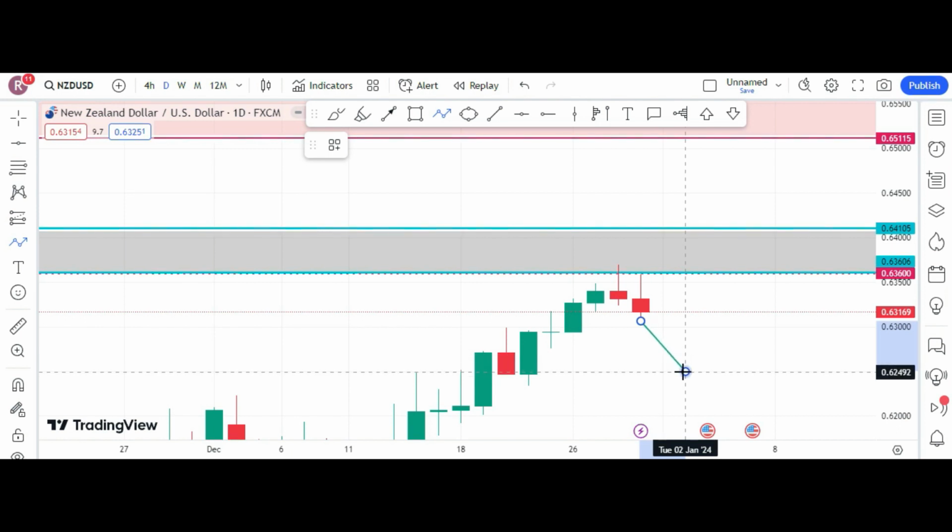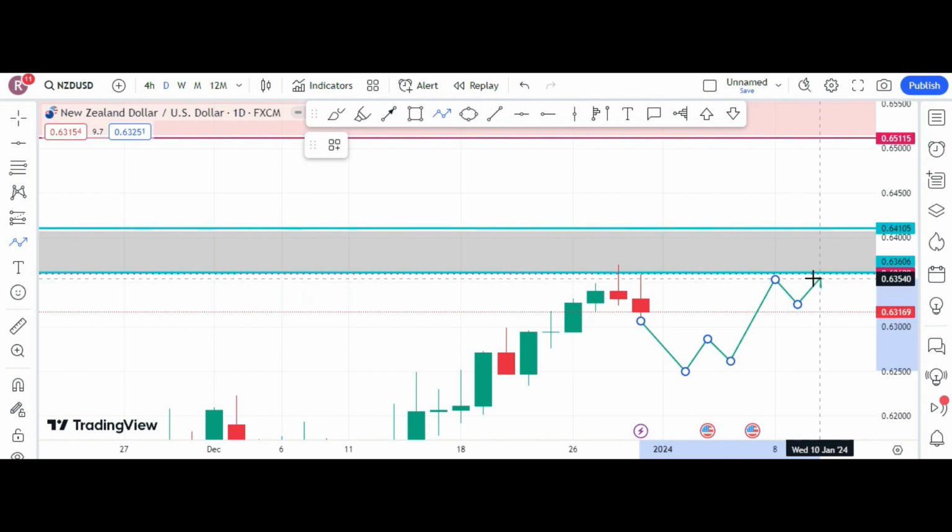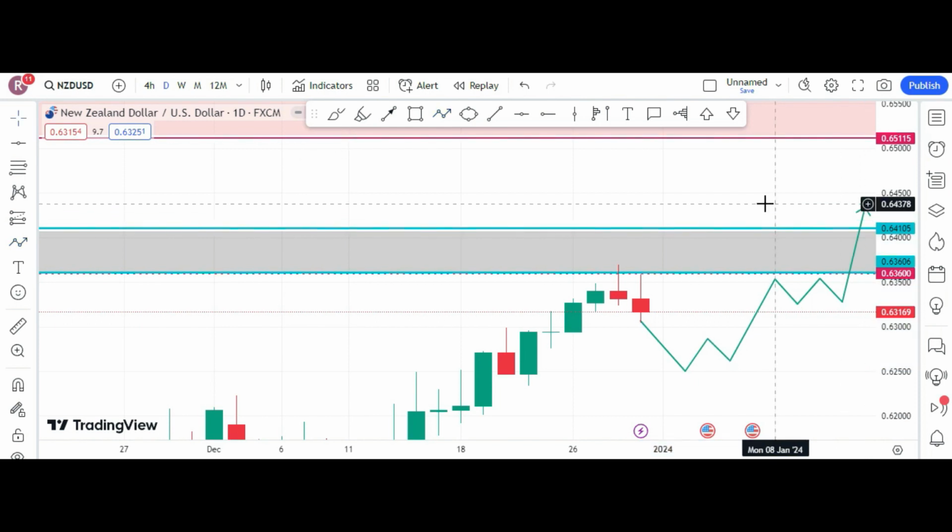Maybe it will come down here. Then it will try to move up, retest this area, come here, retest again this area, and then it will move upward. That's all for NZDUSD for me.